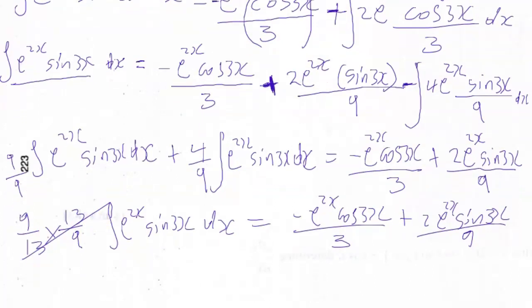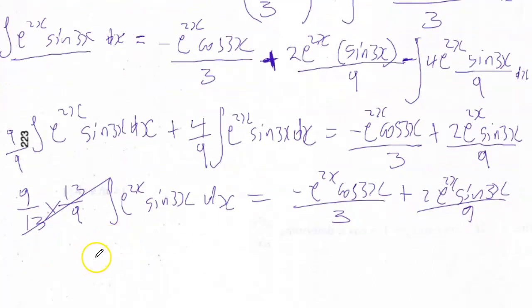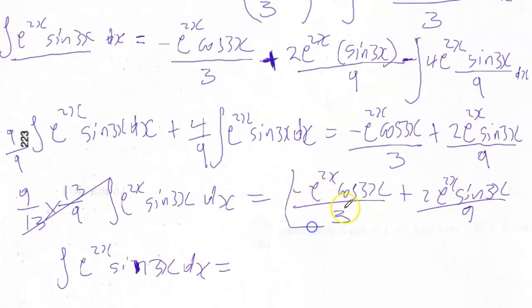So we end up with the integral of e to the 2x sine 3x dx equal to, multiplying this side also by 9 over 13.